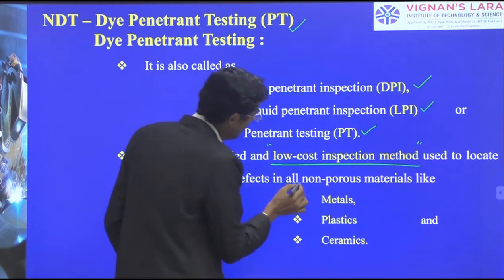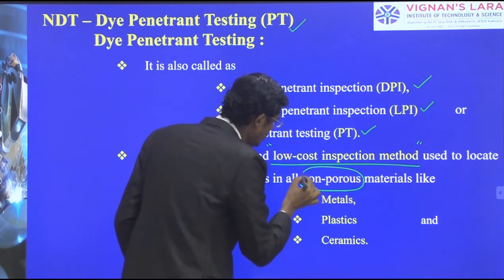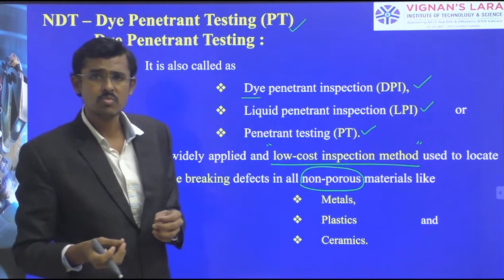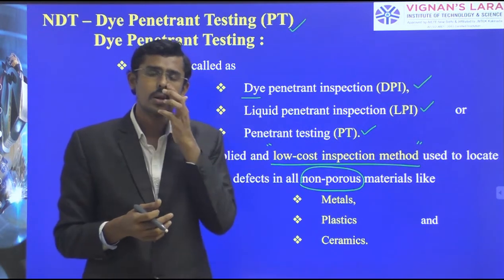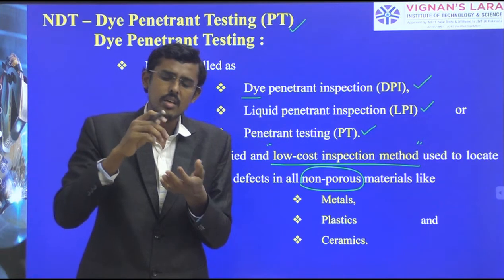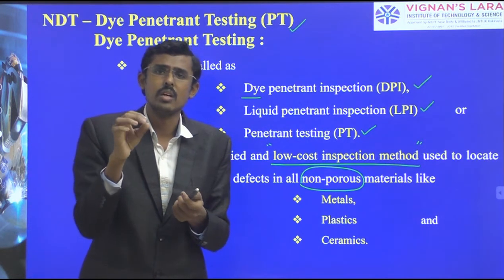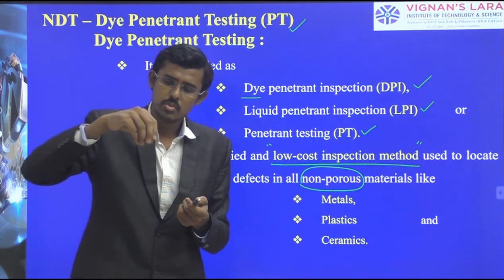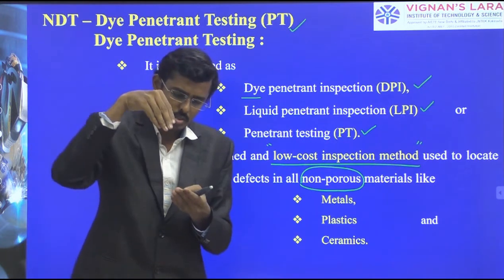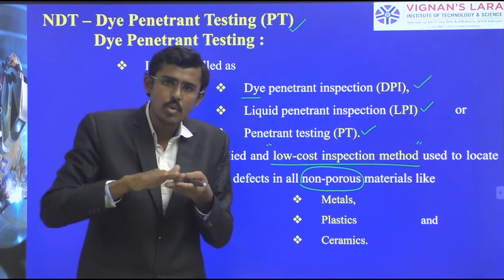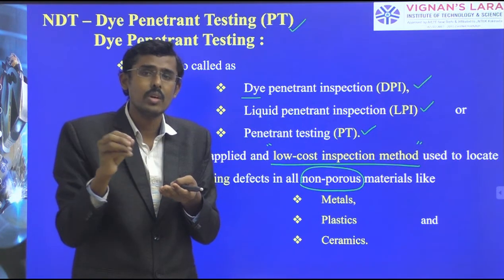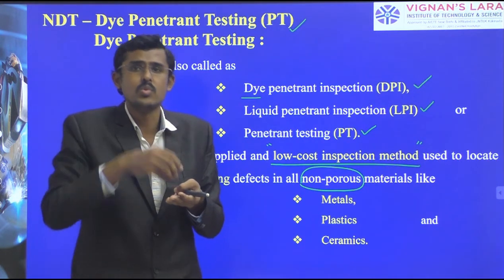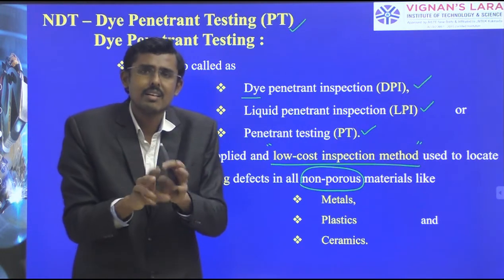Why non-porous material? Let us assume a porous material like a sponge. We use a liquid penetrant which we pour, and it should go inside and stop there. Then when the powder developer is applied, the liquid will be absorbed by the developer and some color contrast will be visible.